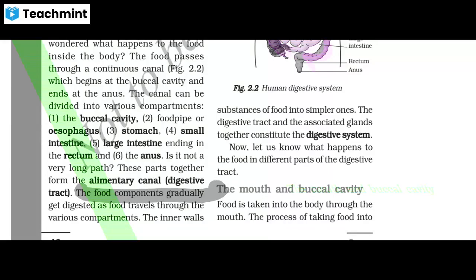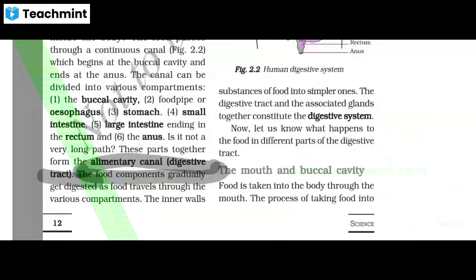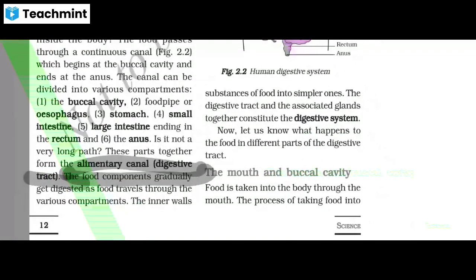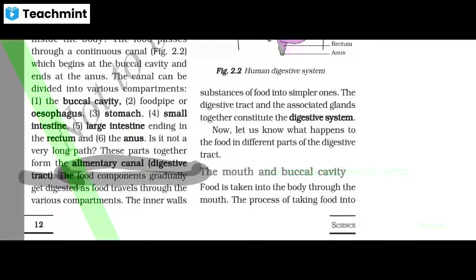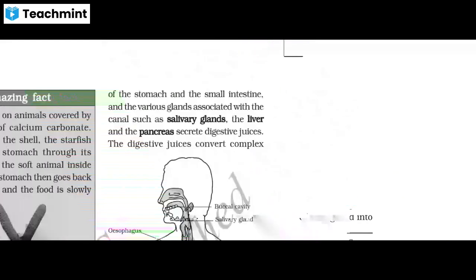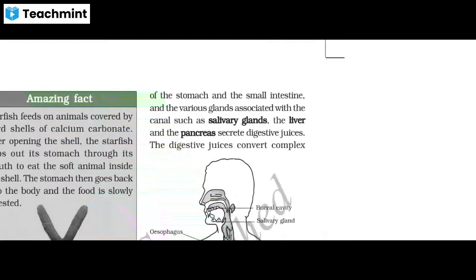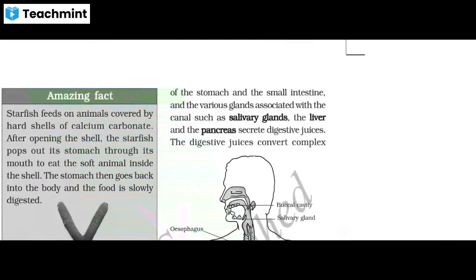Here the food components gradually get digested as food travels through the various organs. The inner walls of the stomach and the small intestine and the various glands associated with the canal, such as the salivary glands, the liver and the pancreas, secrete digestive juice.